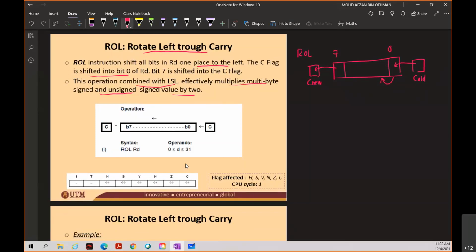Because a 16-bit number is actually multi-byte, you can combine LSL and ROL to multiply that 16-bit number by 2. So let's look at examples.